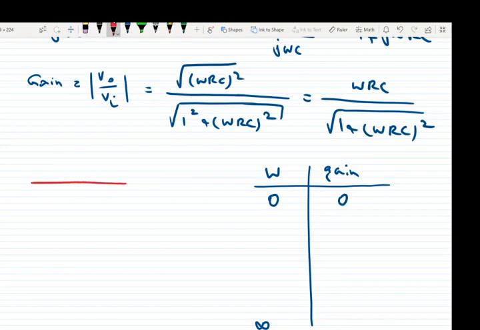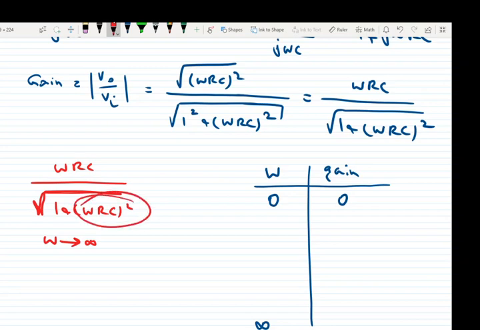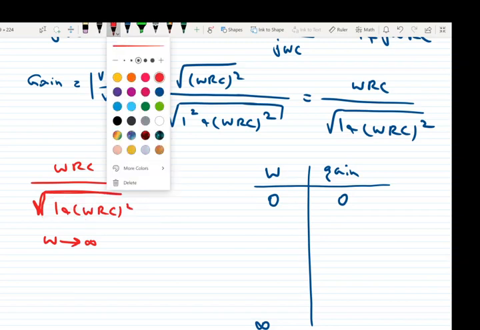If we say omega RC over square root of 1 plus (omega RC) squared, when omega goes to infinity, we know that this term will be very large compared to the first term, so we can ignore 1.